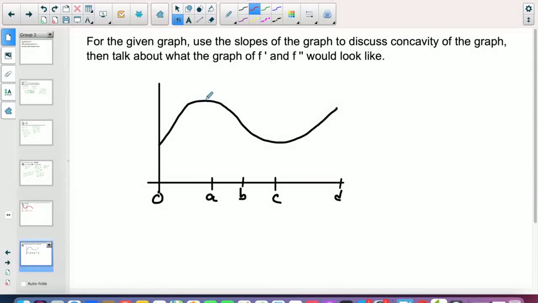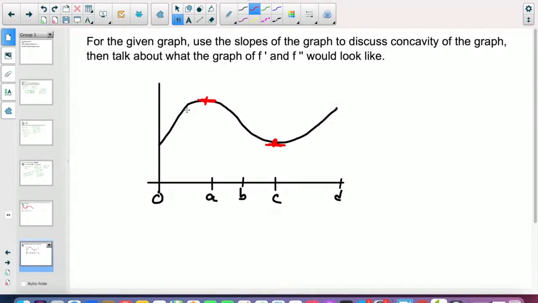It looks like right here at A, if we draw a tangent line there, that would be a horizontal tangent line. Looks like there's a maximum there. It looks like here at C, to me, we have another horizontal tangent line that is a minimum.